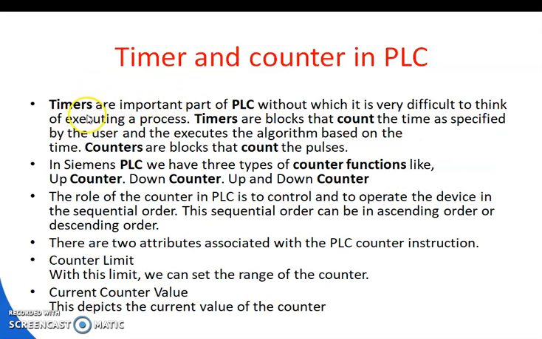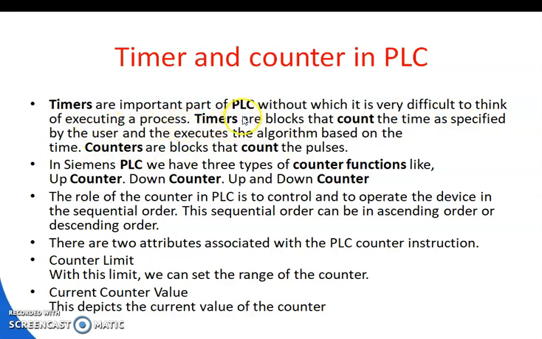then the timers. What is the basic difference between timers and counters in programmable logic control systems? First one, the timers are important part of PLC, without which it is very difficult to think of executing a process.